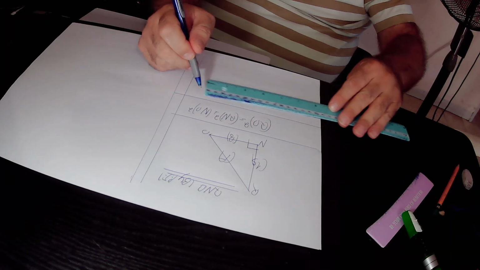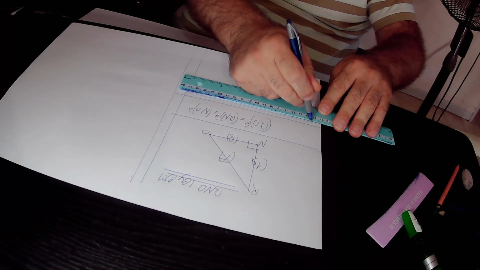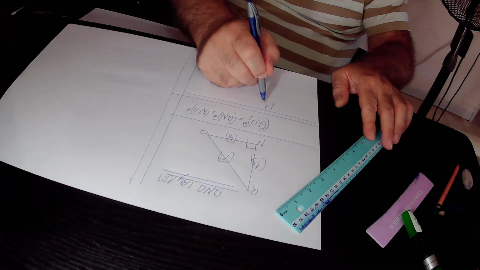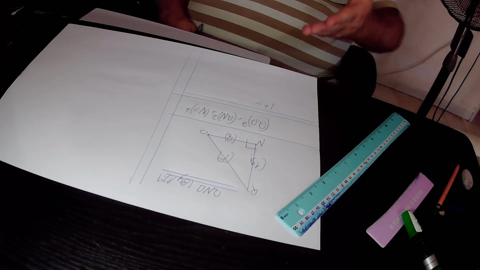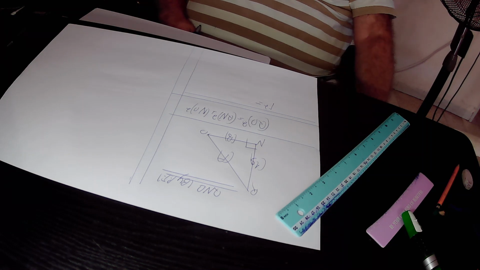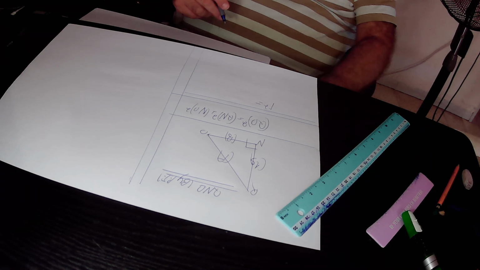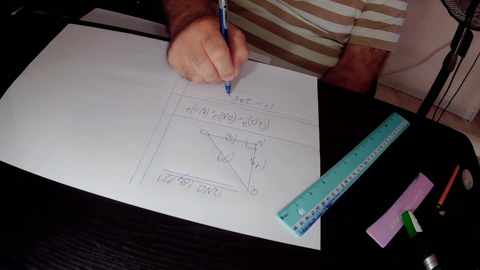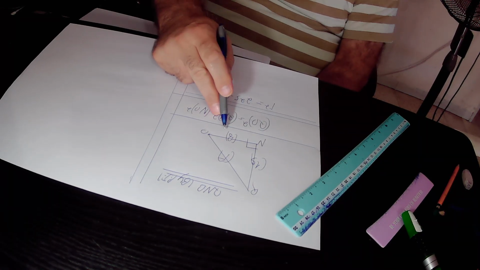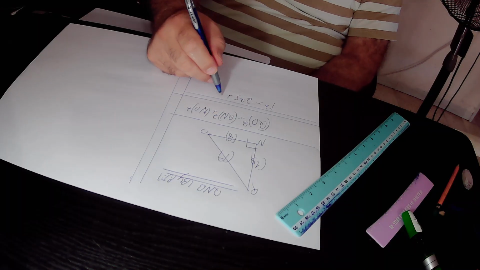QO is R, therefore QO squared is R squared, and it equals QN squared. QN is 15, therefore QN squared is 15 squared, that is 225, plus NO squared. NO is 8, therefore NO squared is 8 squared, that is 64.